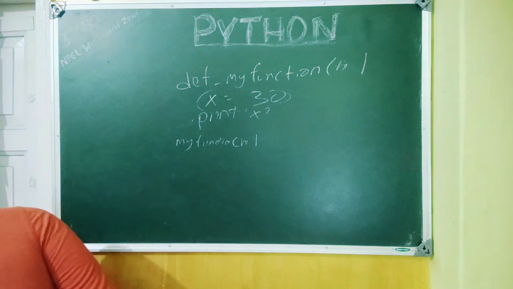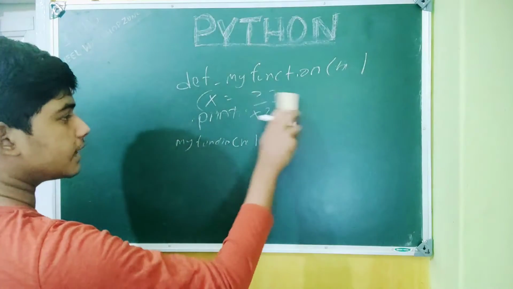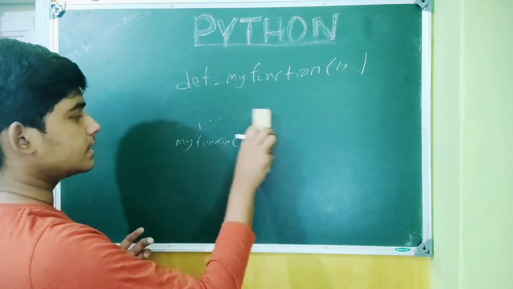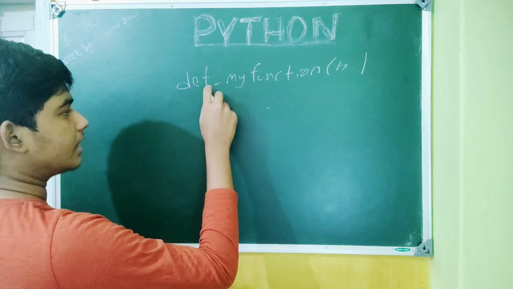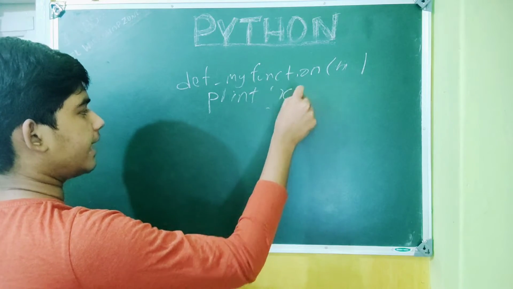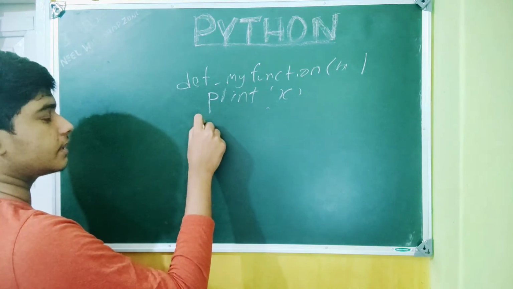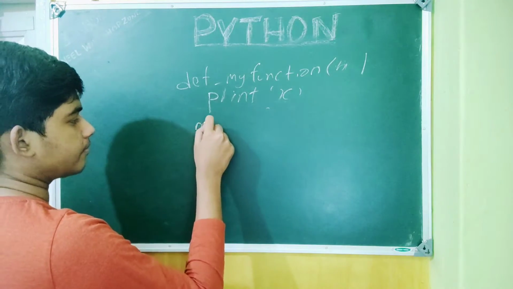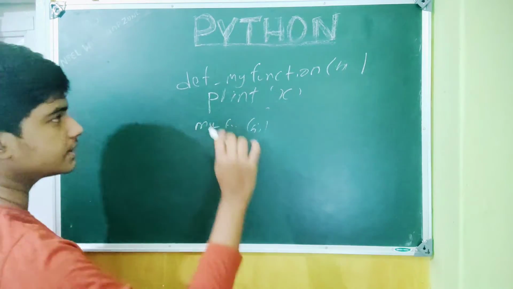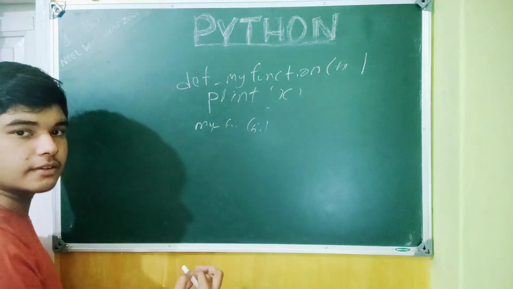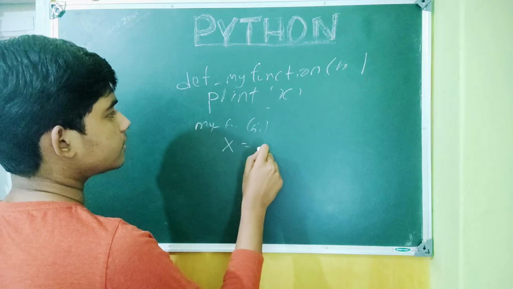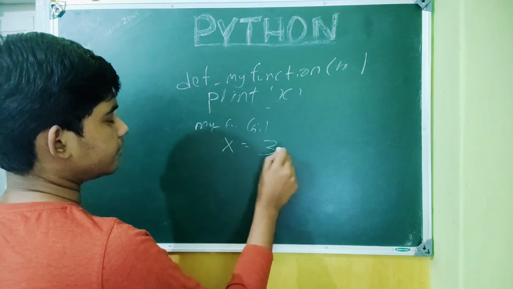Now imagine you don't write it over here, so you just write def my_function, and you just directly write print x, and you end the function. Let's say after ending the function you write the variable x is equal to 30.